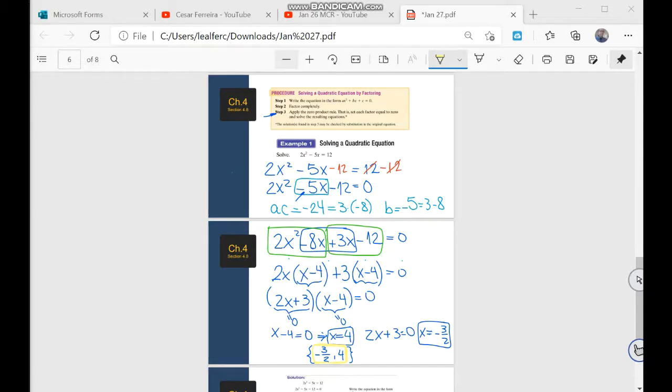We need to practice, we need to work a little bit, and this is the hardest one that you're going to find on the test. The test is going to be much easier than this one, don't worry.